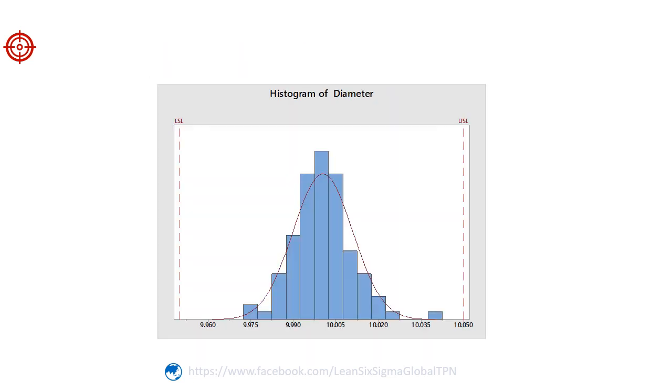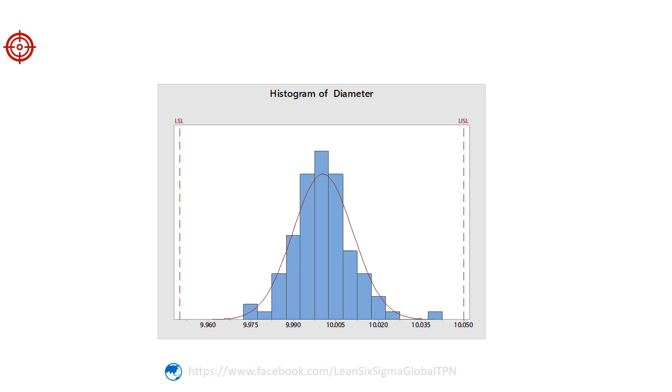Not only do we assume that the process is stable, we also assume that a normal distribution is an adequate fit to the data. Remember, a capability study tells us how well a process can produce outputs within the specification limits. To do this, we need to know the distribution of individual values produced by the process.